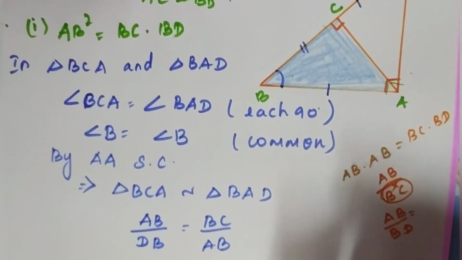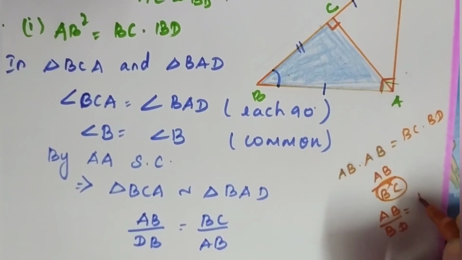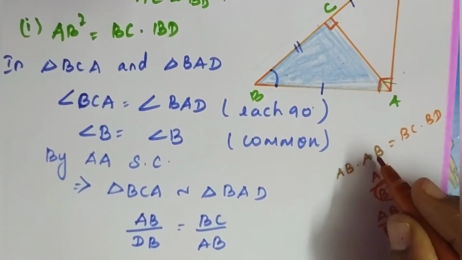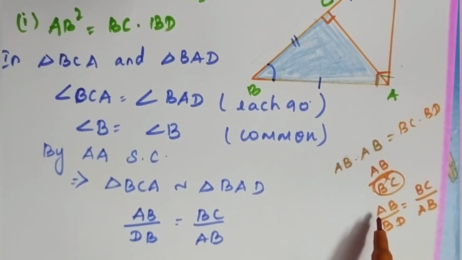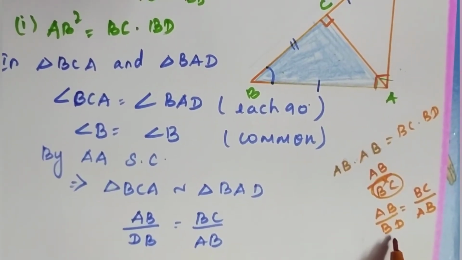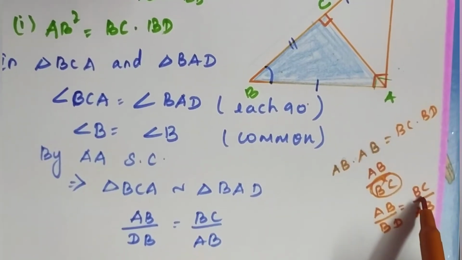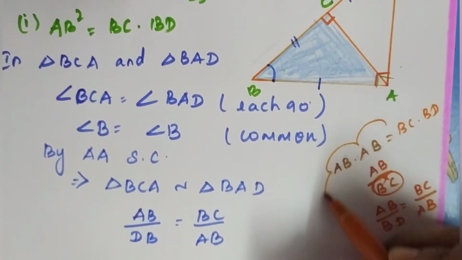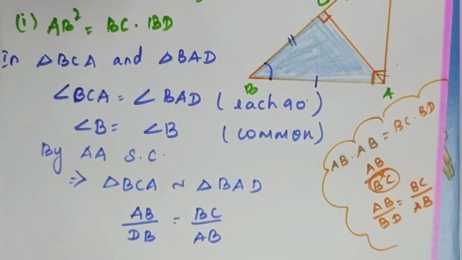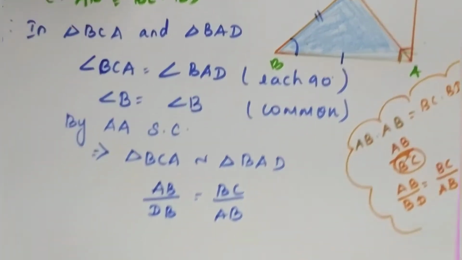Keep it in mind, okay? And then BC of the first triangle and AB of the second triangle. So first triangle side divided by second triangle side, and then first triangle side divided by second triangle side. So like this you have to take the corresponding sides. This is a trick.